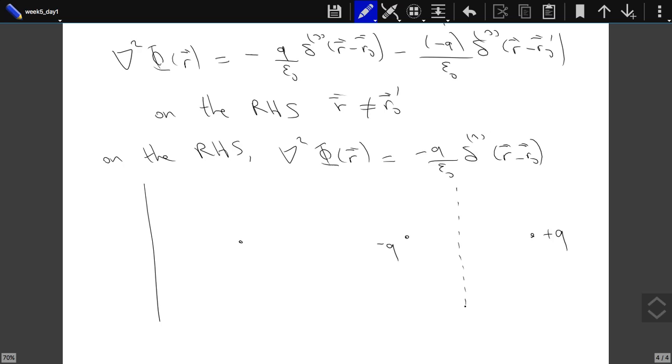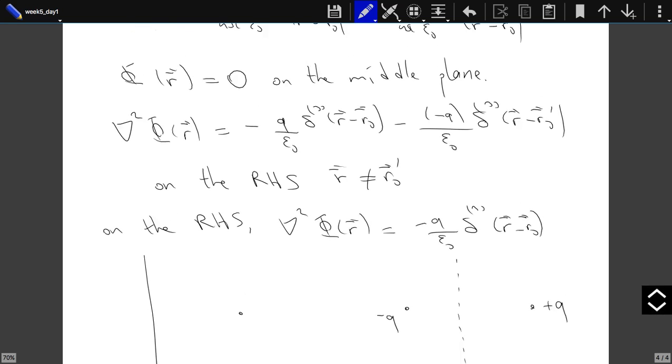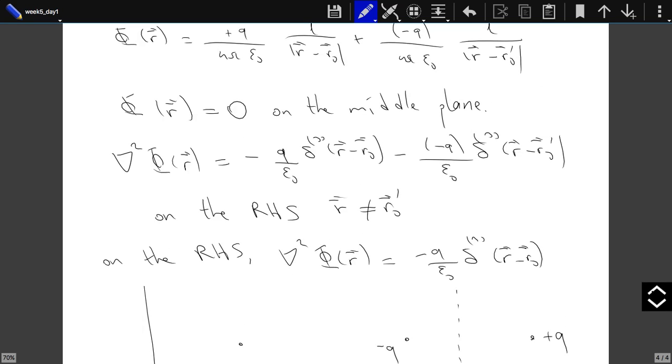Now, we wrote down the solution of this system. We wrote down the potential. The top line: we have the potential corresponding to this system with plus Q charge and the minus Q charge. What do we know about that potential expression? It satisfies this equation on this half space.